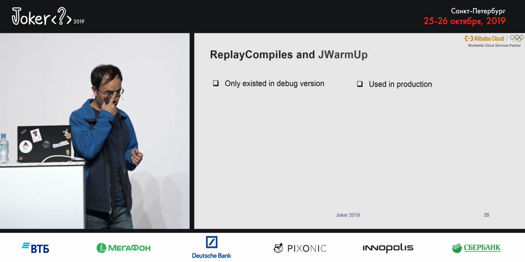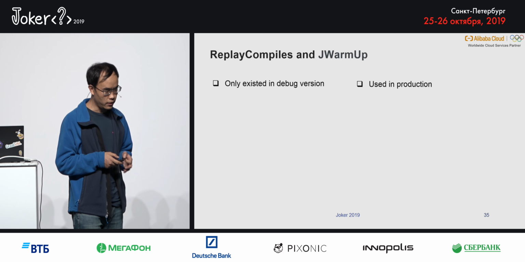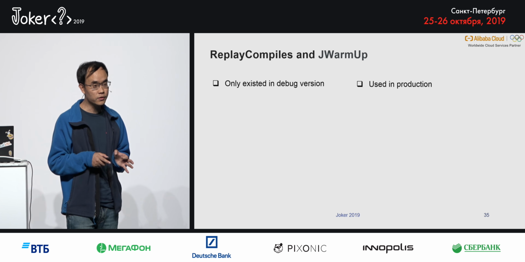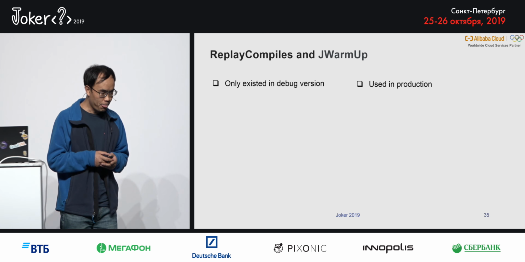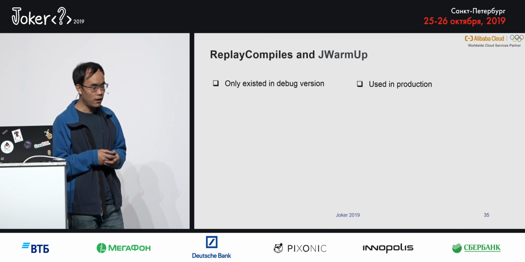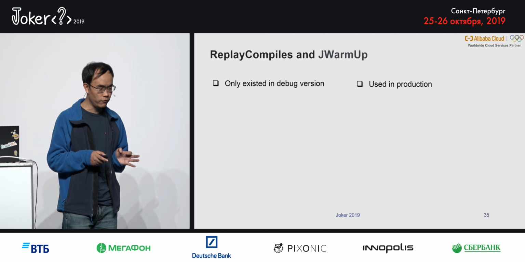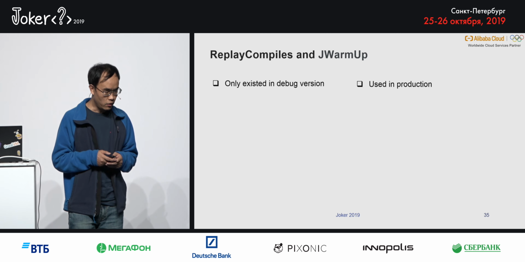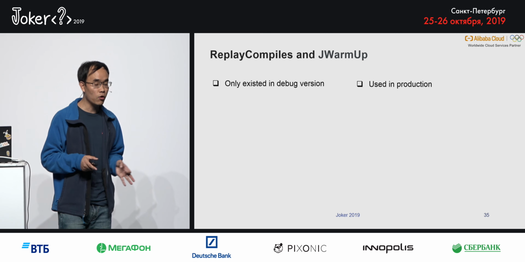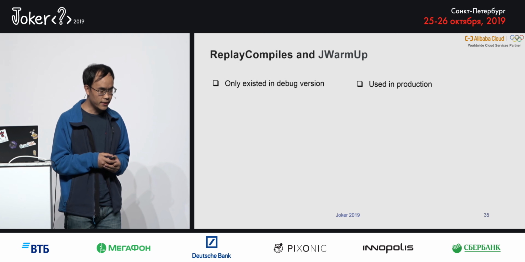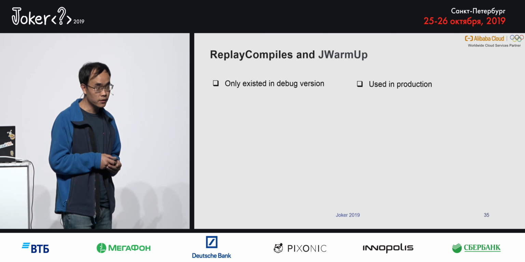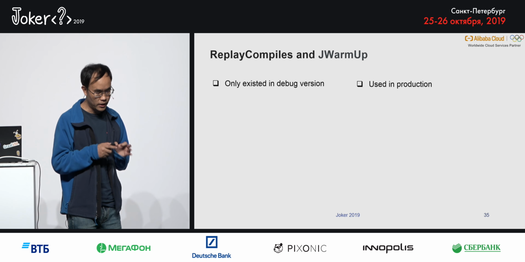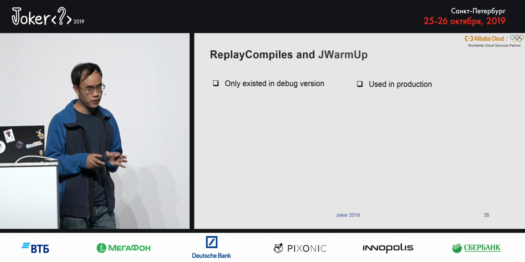The second comparison is between replay compiles and JWarmup. HotSpot has a very interesting feature we call replay compiles. What's the difference between replay compiles and warm-up? The first thing is that replay compiles only exists in the debug version, but warm-up is used in production.